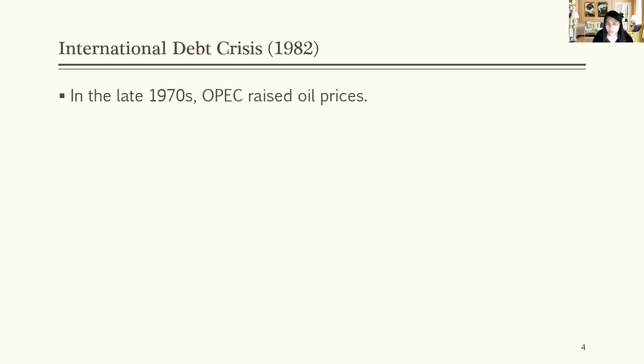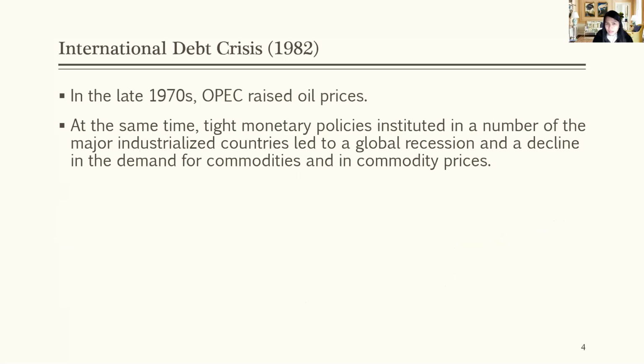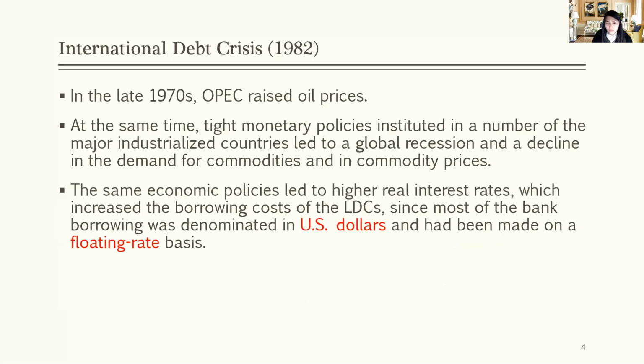So everything was okay up until a point where the oil producers started to raise their oil price, okay? At the same time, a lot of countries started to tighten their monetary policies. So that created an economic downturn in the world.